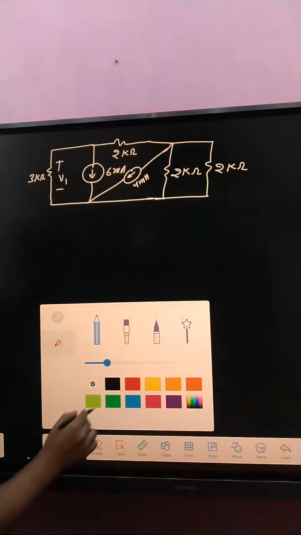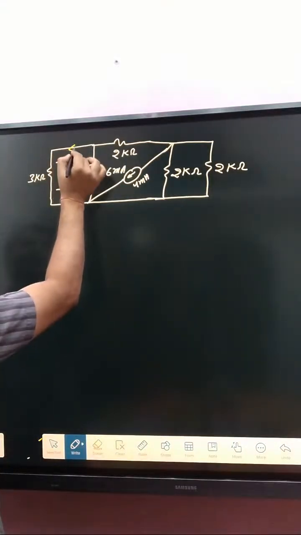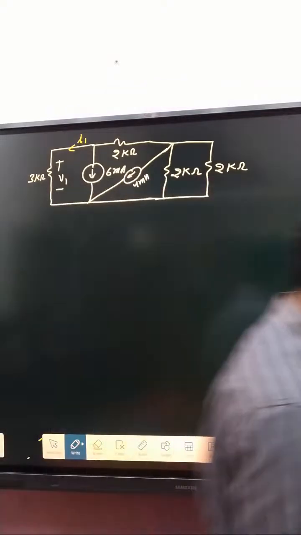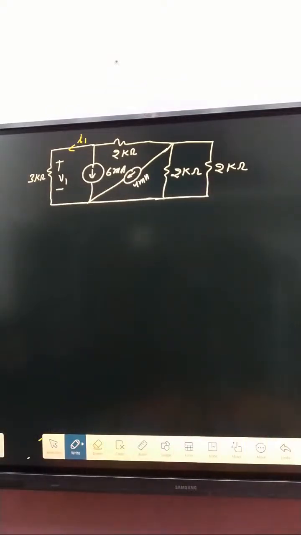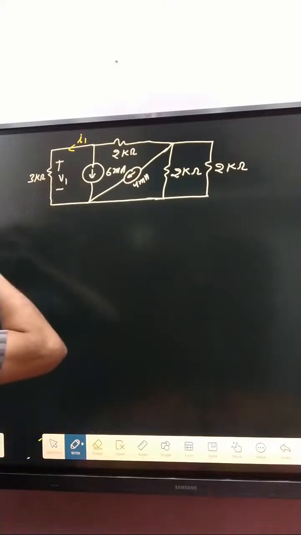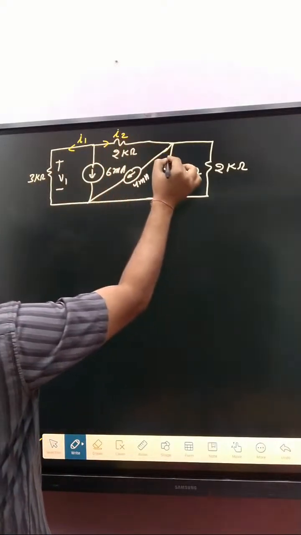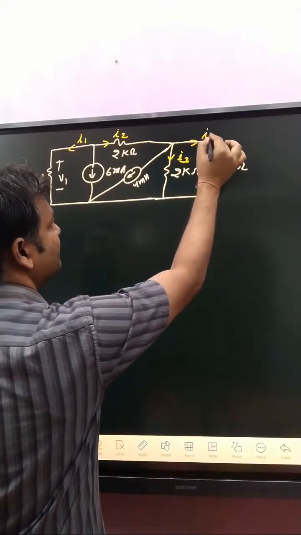So branch current is here I1, and suppose here I2, here I3, and here I4.